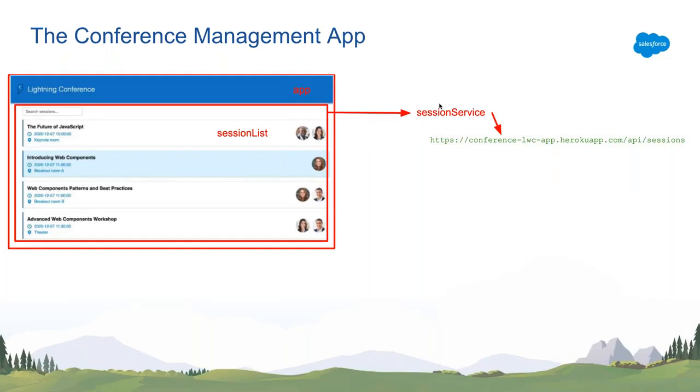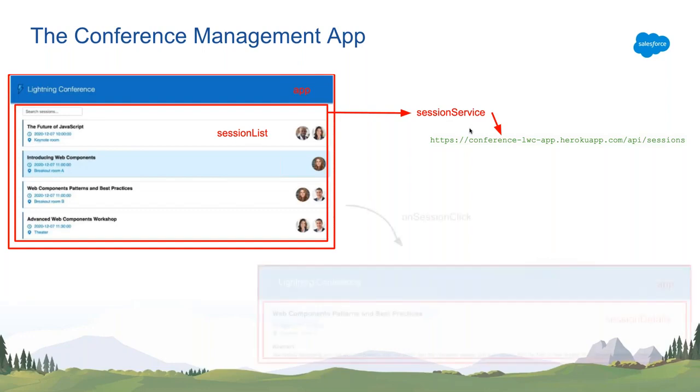This means a component that doesn't have a UI. And that session service component is going to query an external endpoint, which is already there for us. We won't care about that endpoint in the presentation.